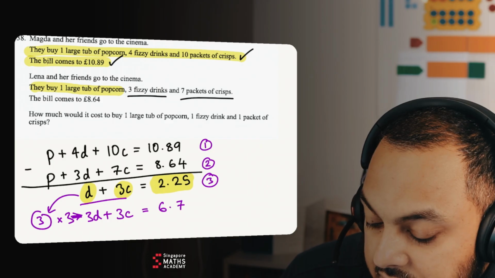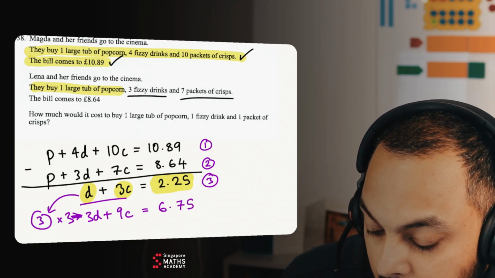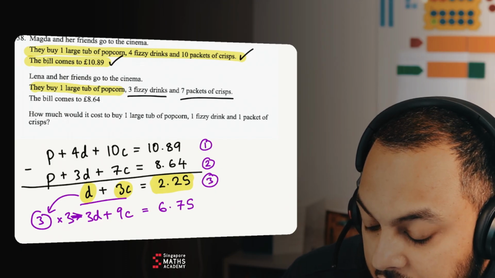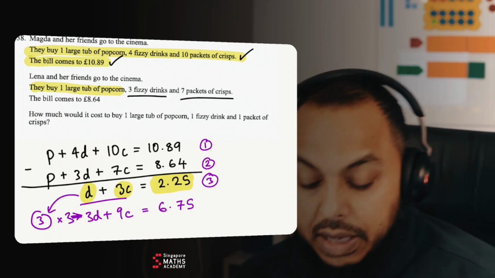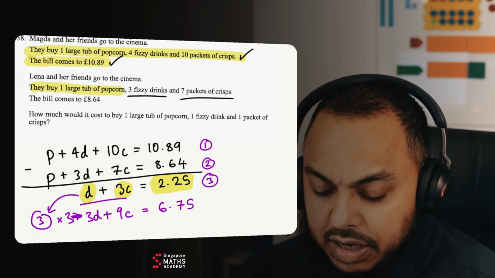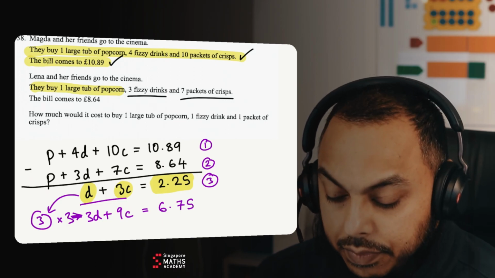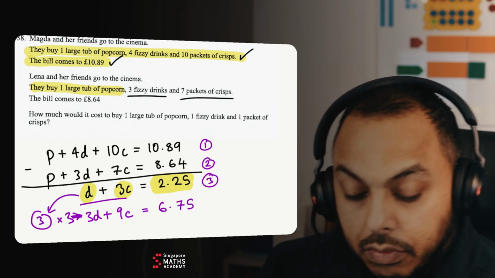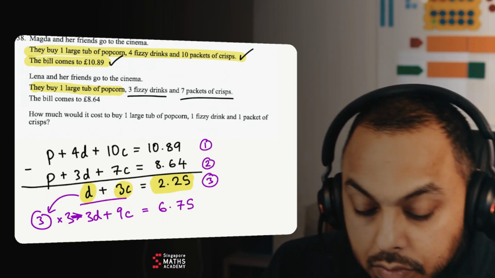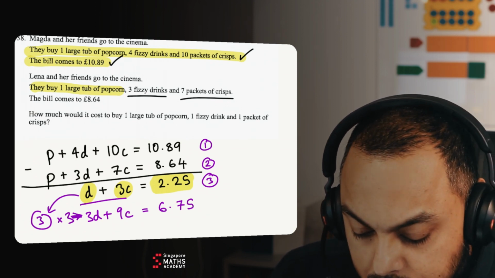So 3d plus, not 3c, but 9c. 3d plus 9c is equal to £6.75. That's after multiplying equation 3 by 3. Okay, can you see what I might do next? Okay, what else can we do with that?